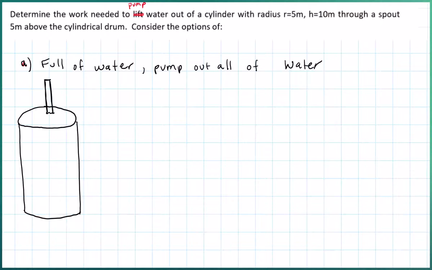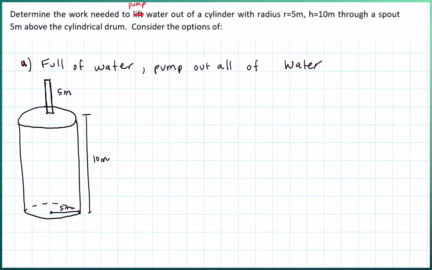The spout is 5 meters above the top of the drum itself, which is 10 meters high, and the radius of the drum is 5 meters. So we've got a drum that looks something like this.